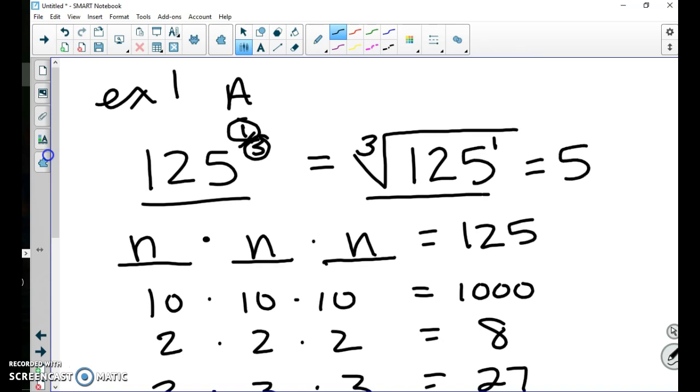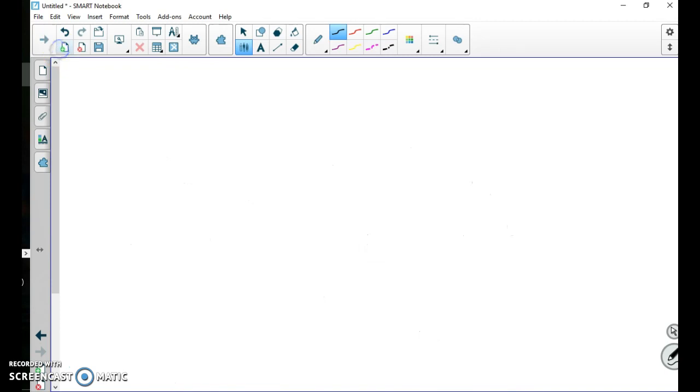Let's go ahead and look at part B. It gets a little more complicated, so obviously we're going to have a little bit more fun. We want 64 to the 1/6. Now I hope immediately you are thinking something multiplied by itself 6 times? That's got to be pretty tiny.